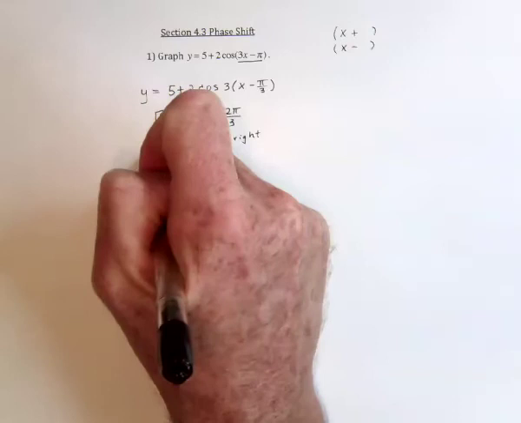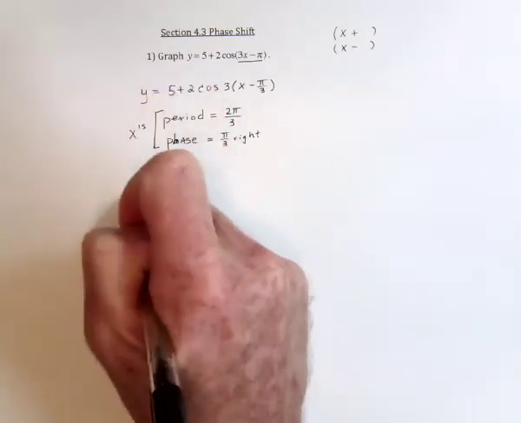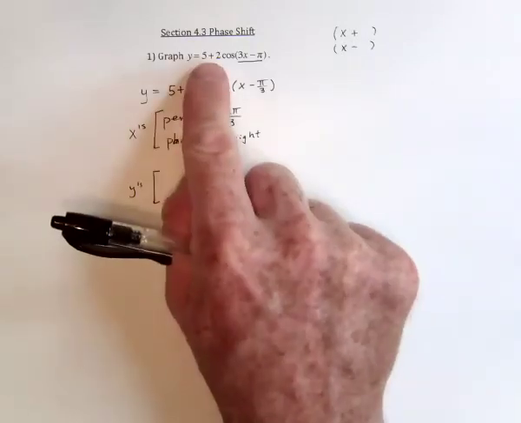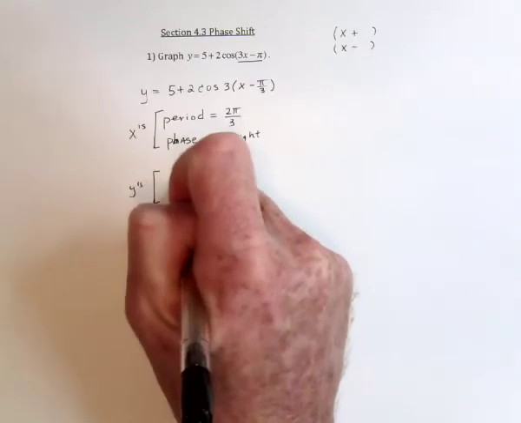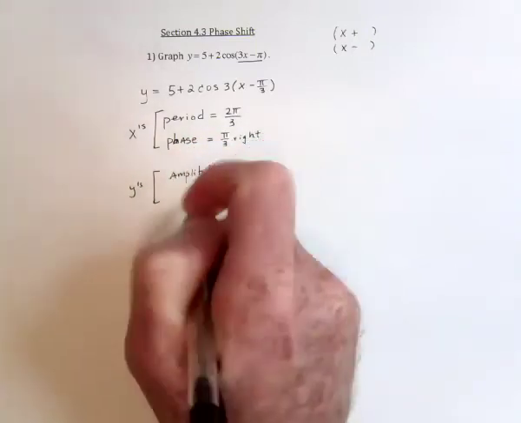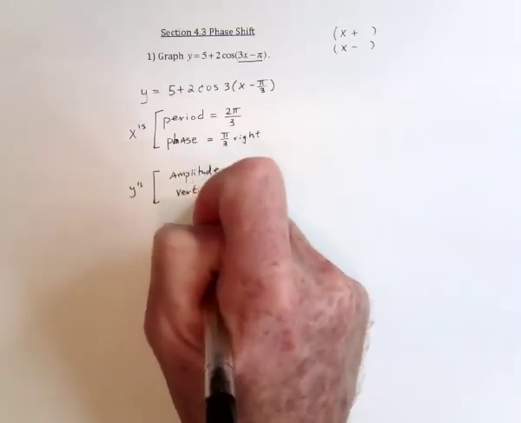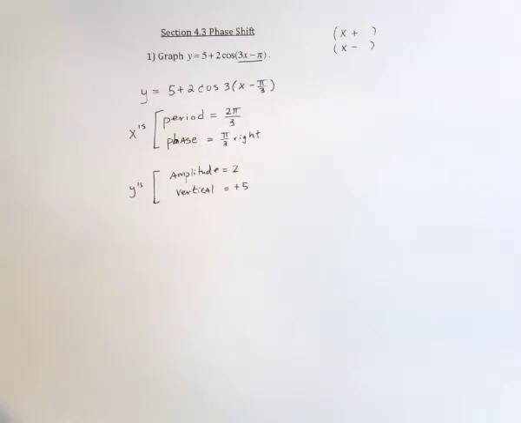Okay, so this is x information, and then for the y information, well, that's going to be these numbers in here. One is that the amplitude is 2, and that the vertical shift is 5, or up 5.